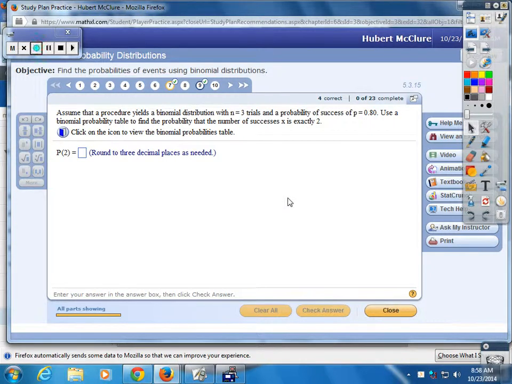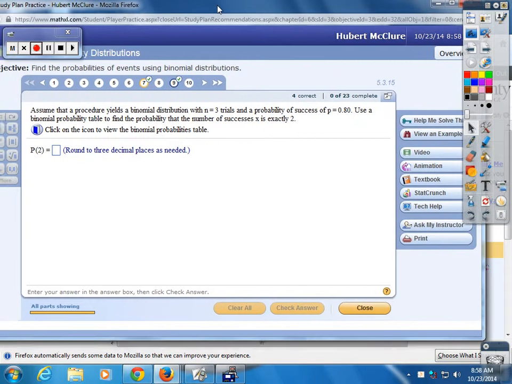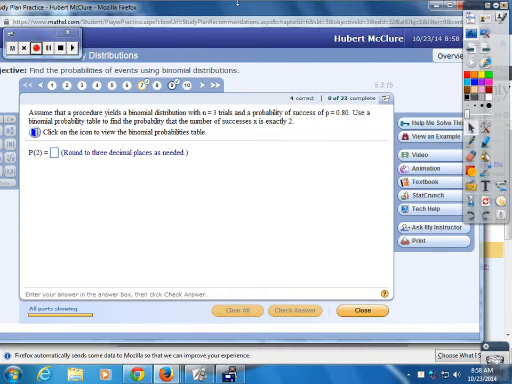It says assume that a procedure yields a binomial distribution with n equal to 3. Well, that kind of narrows it down a little bit, doesn't it? And a probability is 0.8. Use a binomial probability table to find the probability that the number of successes is exactly 2. So what would N, P and X be?